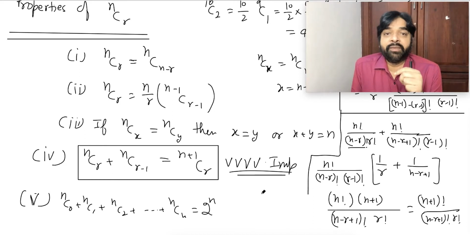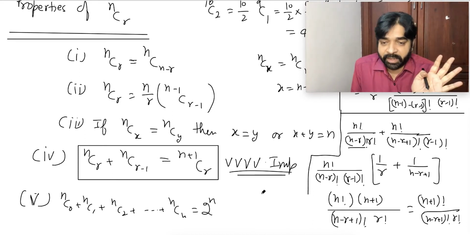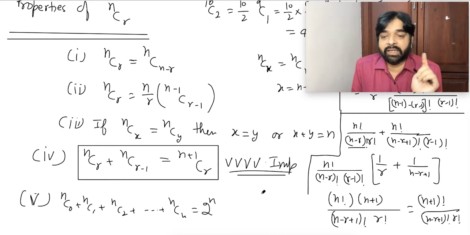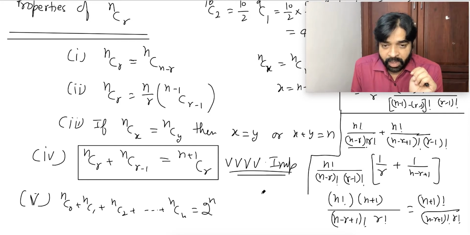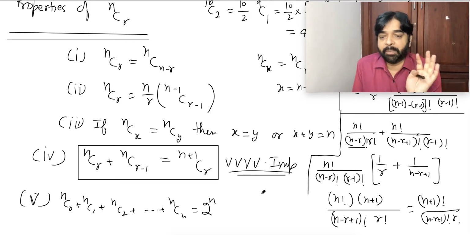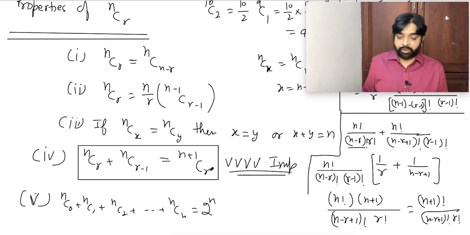One is that we can use the binomial theorem to prove it. The other is the logical mathematics proof, which I will do when I am teaching combination. That time I will tell you how to do this proof. The binomial theorem proof will be done in the binomial chapter, and the logical proof will be done here itself, but not now. So this is just a property, you just remember 2 power n.